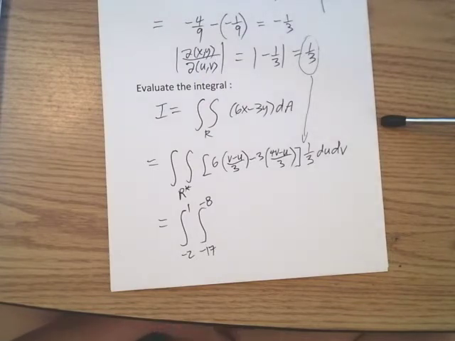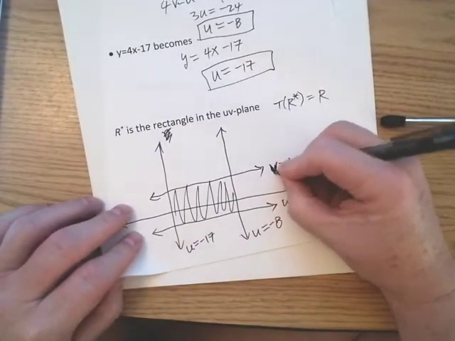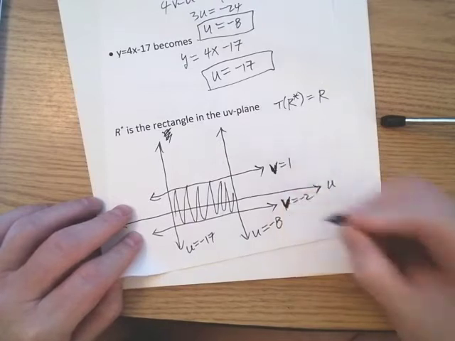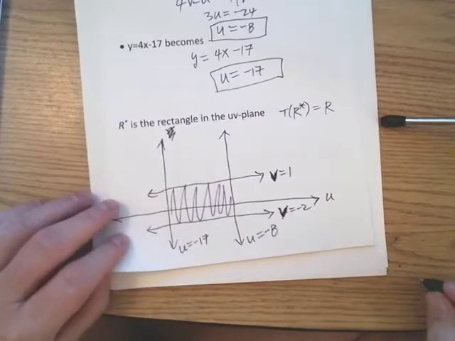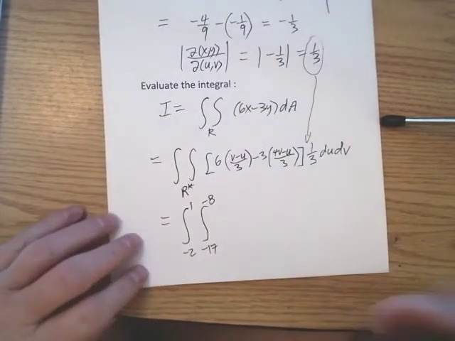Okay. Back in my picture, I messed up here. These should have been v's, right? You probably noticed that. All right. Well, anyway, let's keep going here.